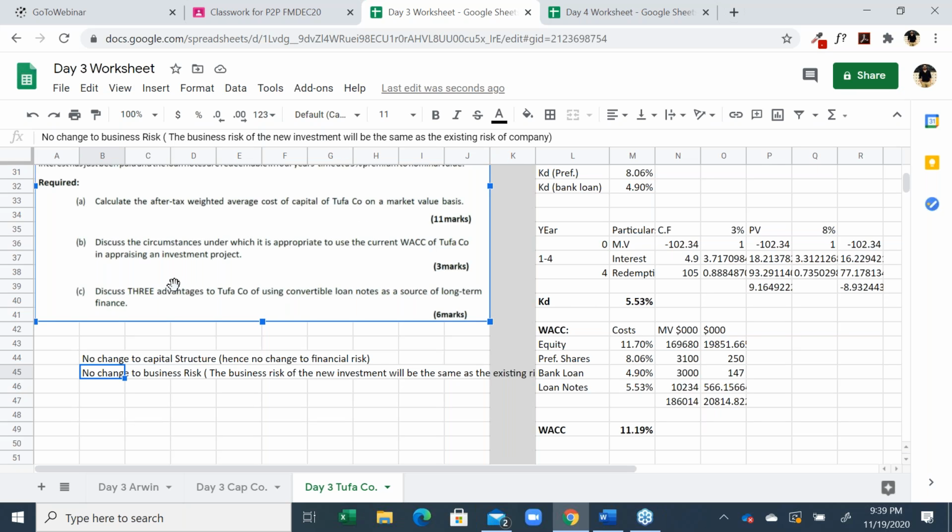The last question. Discuss 3 advantages of TUFA company using convertible loan notes as a source of long-term finance. What do you people think? What are the 3 benefits of using convertible loan notes?